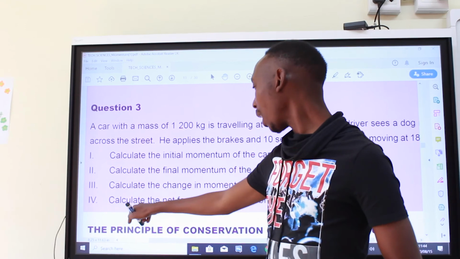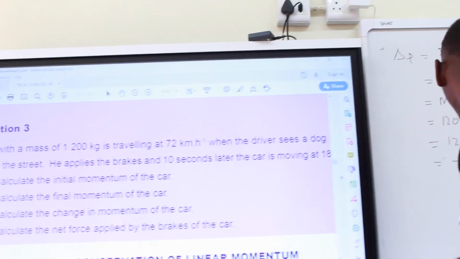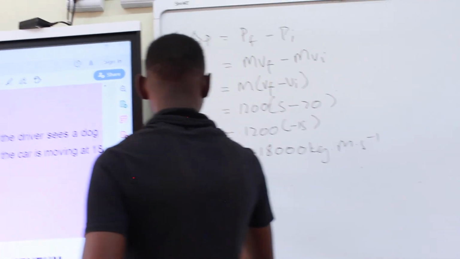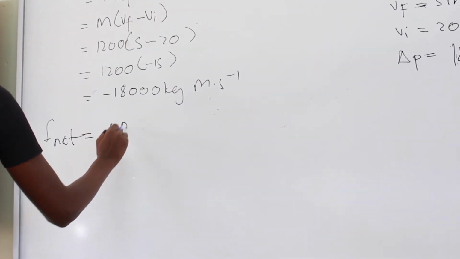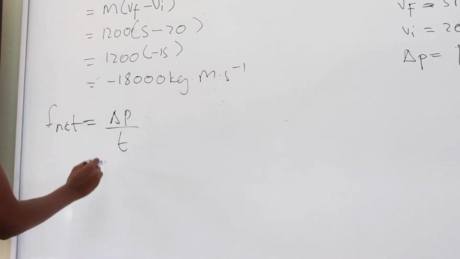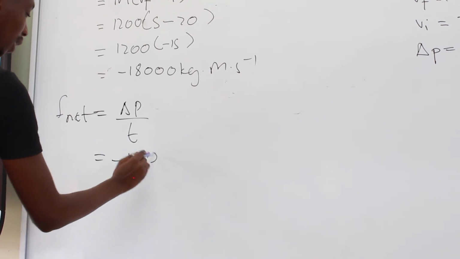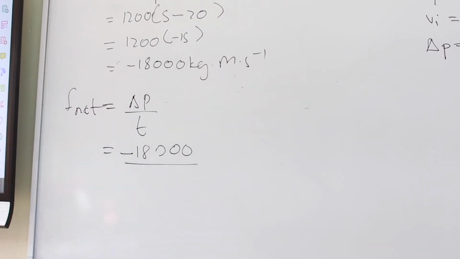Question 3.4. Calculate the net force applied by the brakes of the car. We know that net force equals the rate of change in momentum. So we already have the change in momentum of negative 18,000, and we divide by the time.